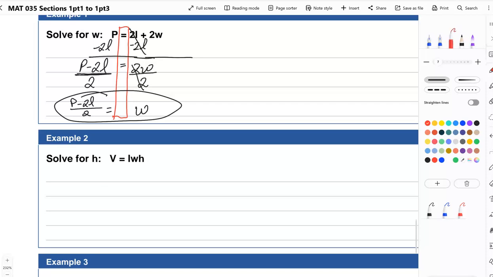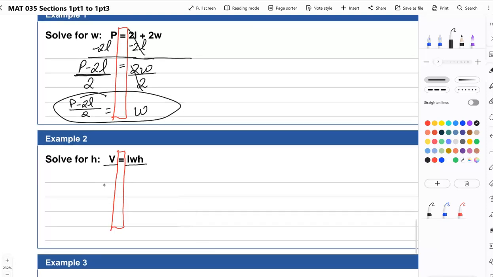So I'm going to draw my wall again. And we're going to think about the relationship between all of these variables. I only have one term on the right, and that's that LWH. So to get H by itself, I've got to undo what's happening here. Right now it's multiplication, so to undo that multiplication, I'm going to do division.